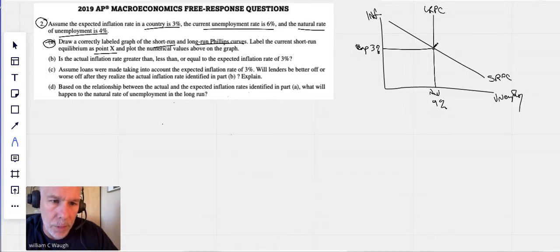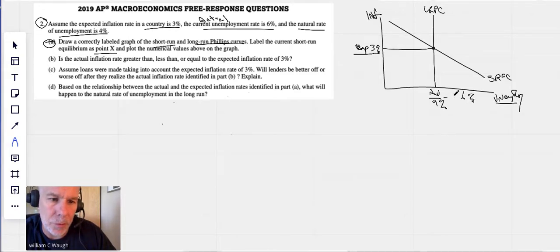So right there where long run and short run come together, that shows expected inflation and it shows your natural rate of unemployment. Our current or actual, sometimes they say actual, sometimes they say current, our actual unemployment rate is 6%, so let's plug that in.